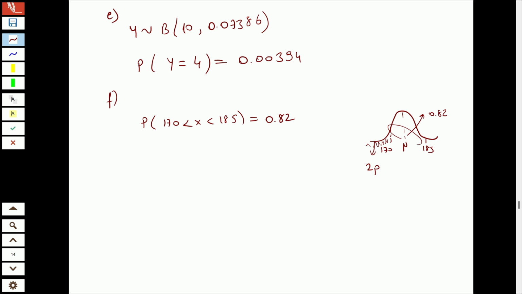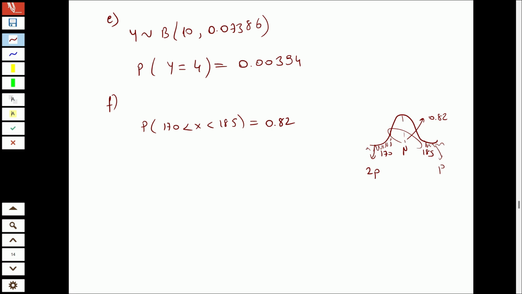For example, if the area less than 170 is 2p and greater than 185 is p, so first we can find the probability less than 170, which will give us 2p, and then we can find the probability less than 185, which will give us 1 minus p, because I know that the total area is going to be 1.